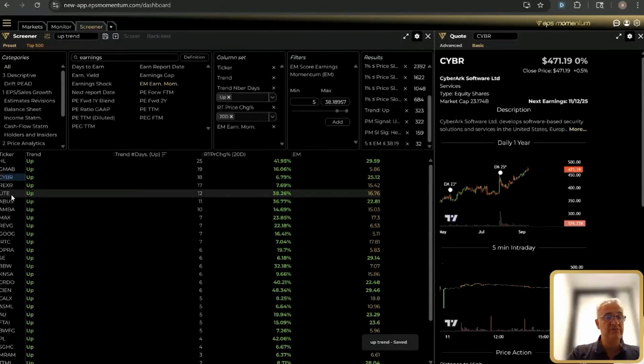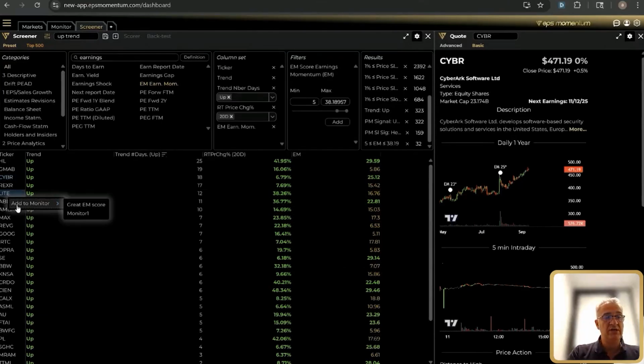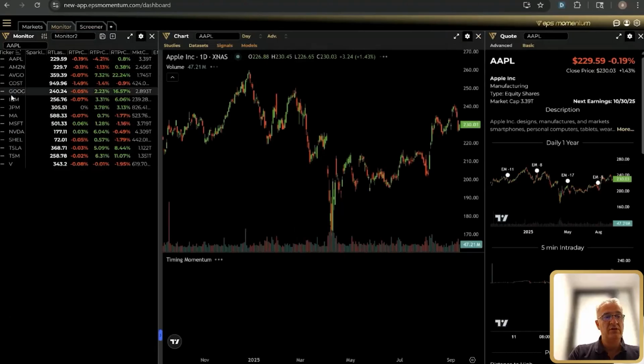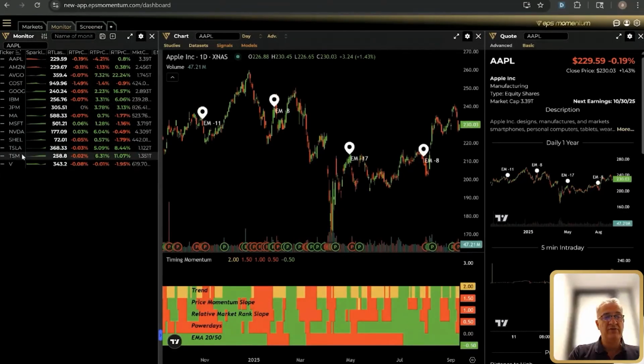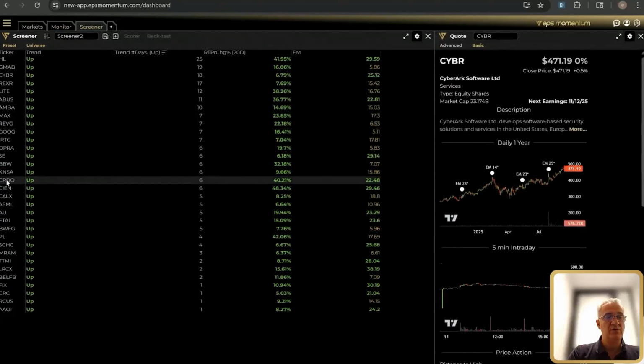You can take any of these stocks, right click on it, and add it to one of the monitors that you have. So the monitors are here, and you can save the name you want there, or go back to your screener and pick the names you want, CRDO, add to monitor, gradient, and then see it in the monitor.